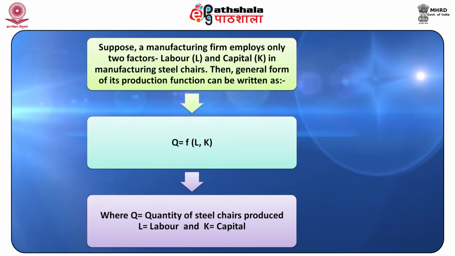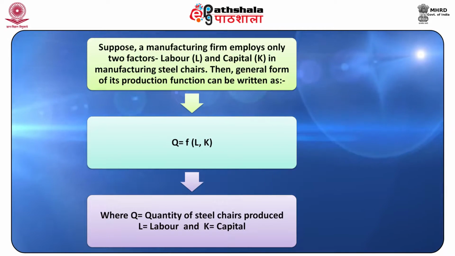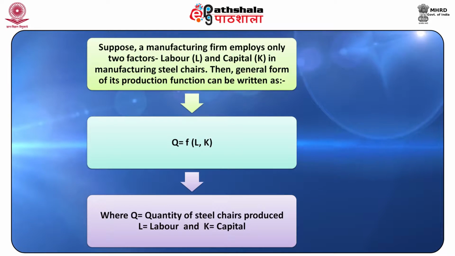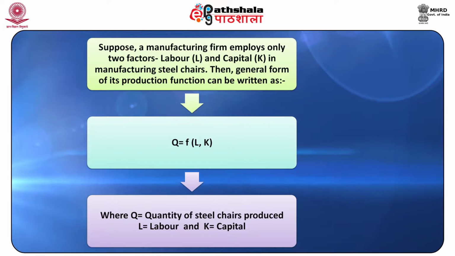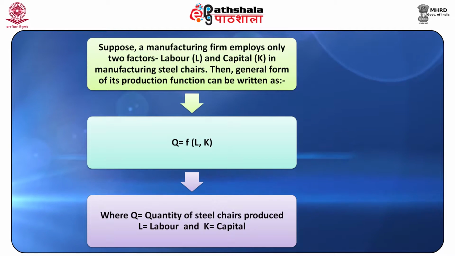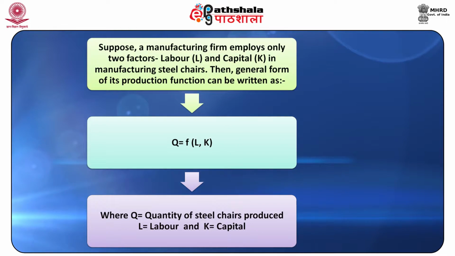Then, the general form of its production function can be written as Q = f(L, K), where Q is equal to quantity of steel chairs produced, L is equal to labor, K is equal to capital. The above production function shows that quantity of steel chairs produced depends on the quantity of labor L and capital K employed. The production of steel chairs can be increased by increasing K and L.